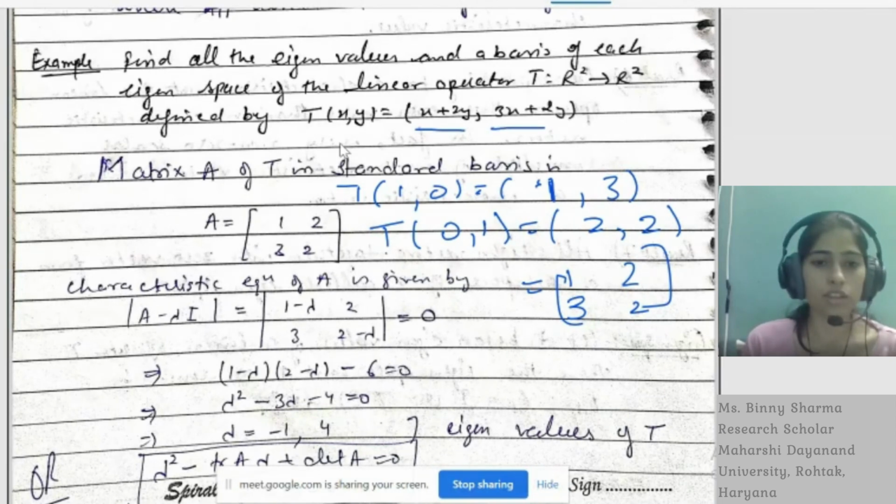I already told you how to make a matrix from a linear operator T in the standard basis. So we have made the matrix A, that is 1, 2 and 3, 2.